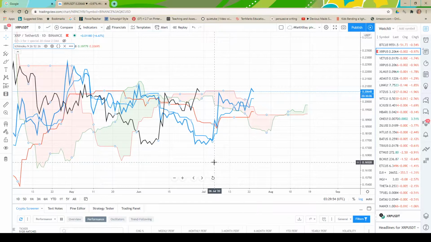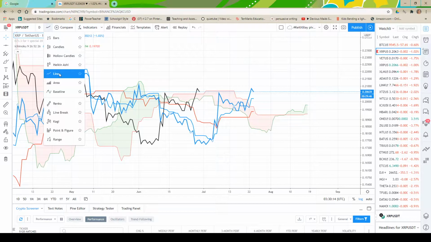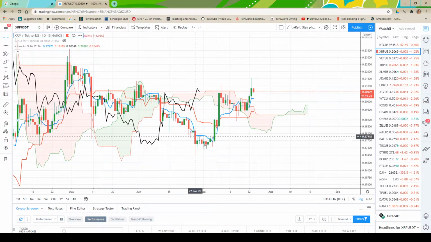Okay, so the Ichimoku cloud strategy is an entire strategy on its own. You really don't have to have any other indicators to make this work. The idea behind the Ichimoku cloud is to give you a more, I don't want to say better entry, that's not the right way to say it, a more profitable entry. Through researching this, essentially the cloud takes a little bit of the percentage off the bottom.